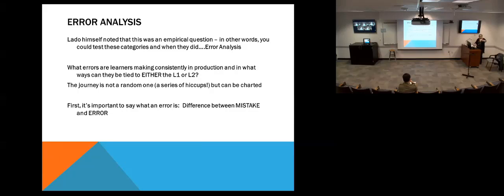Good. One is consistency. So you don't want to just start randomly writing down errors that your learners make, right? You want to try and find the errors that are consistent, because they're the ones that are going to tell you that there's a problem with their underlying understanding of the system, not that they're just having a particularly bad day because they only got 2 hours of sleep, right?